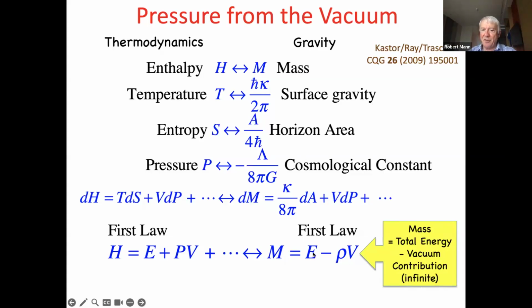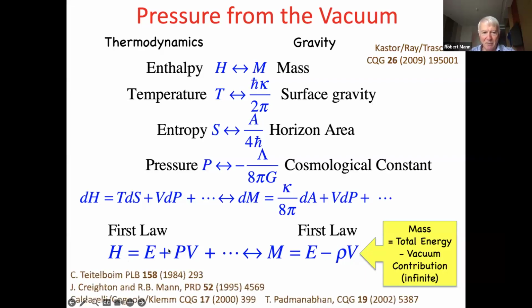E is infinite and rho V is infinite, but carefully calculated, their difference is finite, and it turns out to be the mass of the black hole, which can be understood as enthalpy. And we recall that when you have a cosmological constant, density is minus pressure, and so minus rho V becomes plus PV.